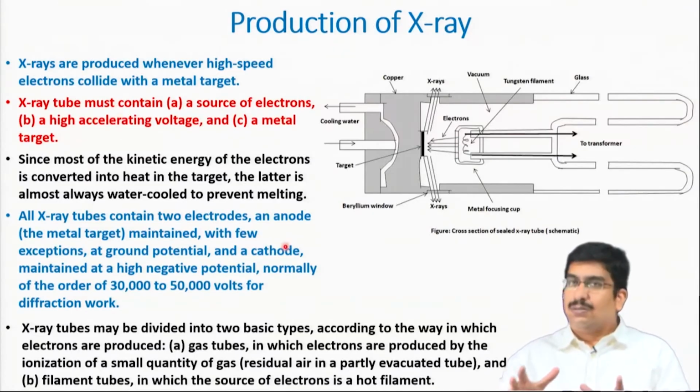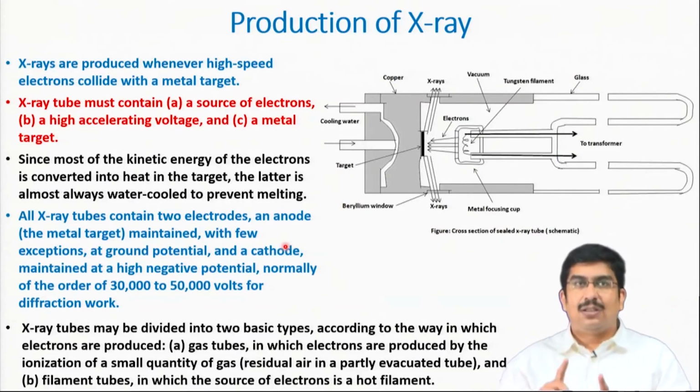Now, the X-ray source or X-ray tube contains of course two electrodes, one is the cathode and one is the anode. The anode is maintained at ground state. It is grounded and is almost at ground potential, except for a couple of exceptions, we are not going into that.